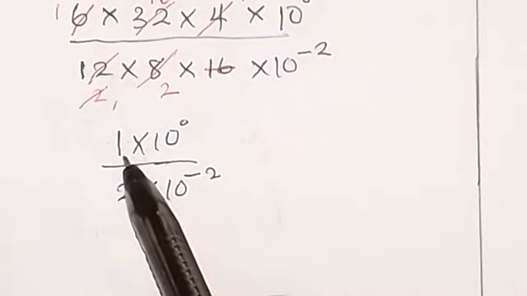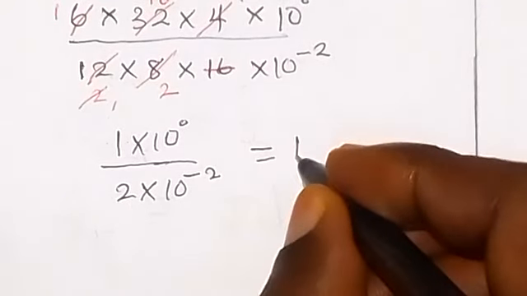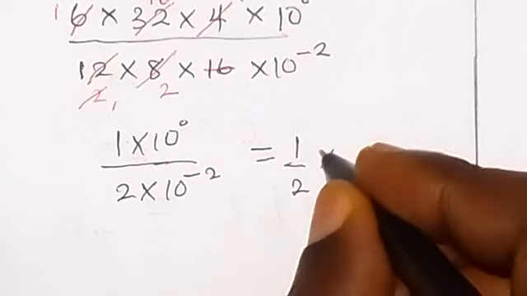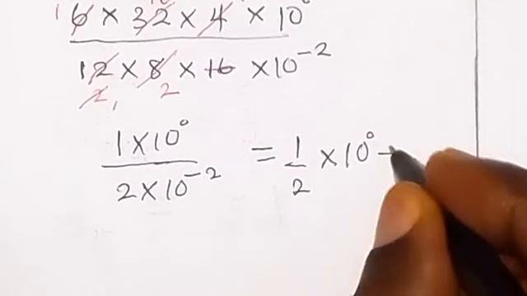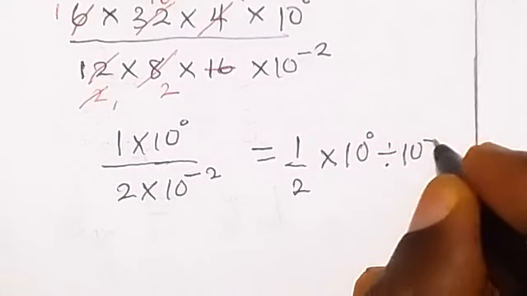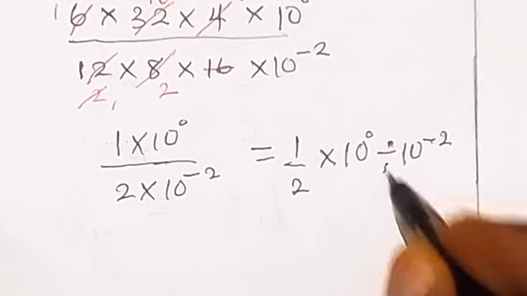Then if we separate this one as well, what we have will be 1 over 2 times 10 raised to power 0 divided by 10 raised to the power minus 2. As you know, division can be written like this as well.